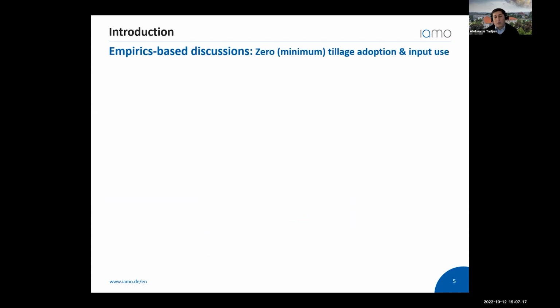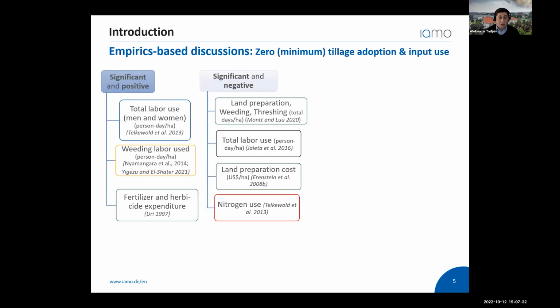Also, several agricultural economists have investigated the relationship between zero tillage adoption and input use in their empirical studies in developing countries. They found different relationships between zero tillage adoption and input use.